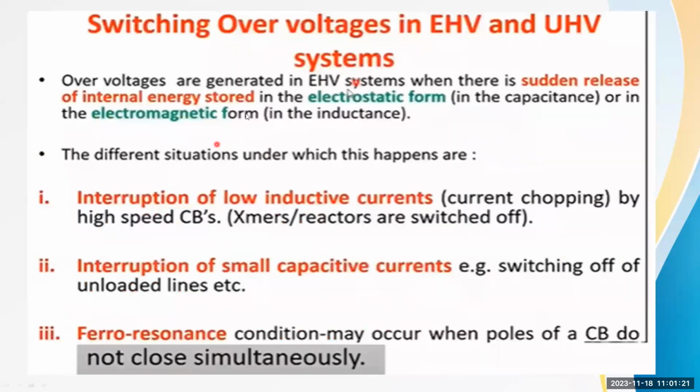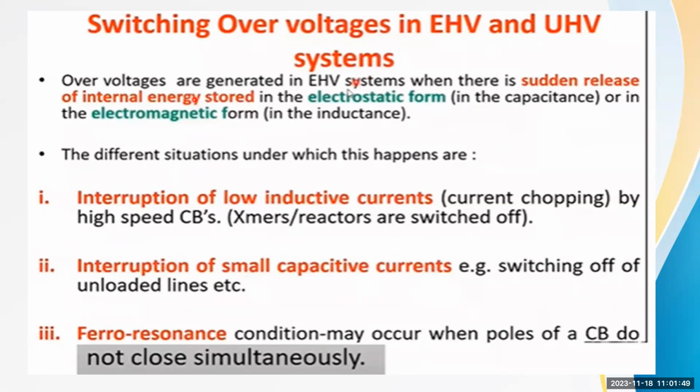Next, coming to switching overvoltages in extra high voltage and ultra high voltage power systems. First, overvoltages are generated in extra high voltage systems when there is a sudden release of internally stored energy. The transmission line has inductance, and the energy stored in the inductor, the magnetic field, is suddenly released.